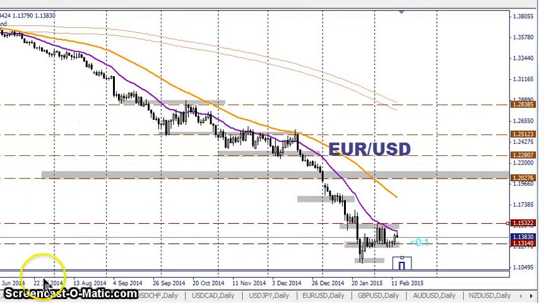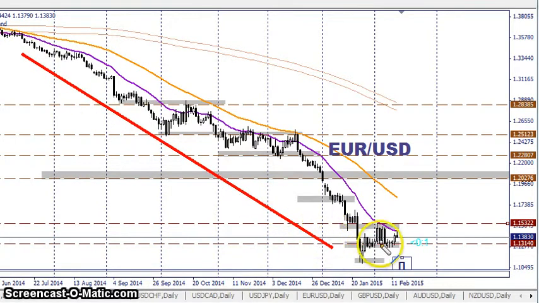Here you can see, looking at my cursor, I'm back to June 2014. And obviously you can see we are in a major downtrend, right? That's easy enough to see. Other things that are important to note is, where is price in relationship to the 50 SMA? Well, you can see price all the way from here down to here is below the 50 SMA.